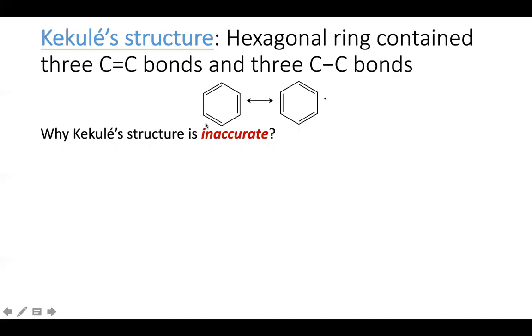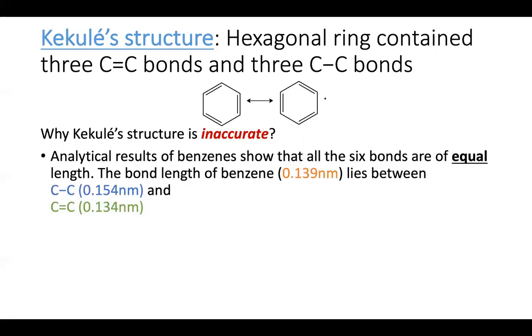Right, if you look at the Kekulé structure, there are 3 single bonds and 3 double bonds, okay? And single and double bonds have different bond lengths, and they are quite distinctive, okay? The bond length of a C-C single bond is 0.14 nanometer, and the bond length of a C=C double bond is 0.134 nanometer.